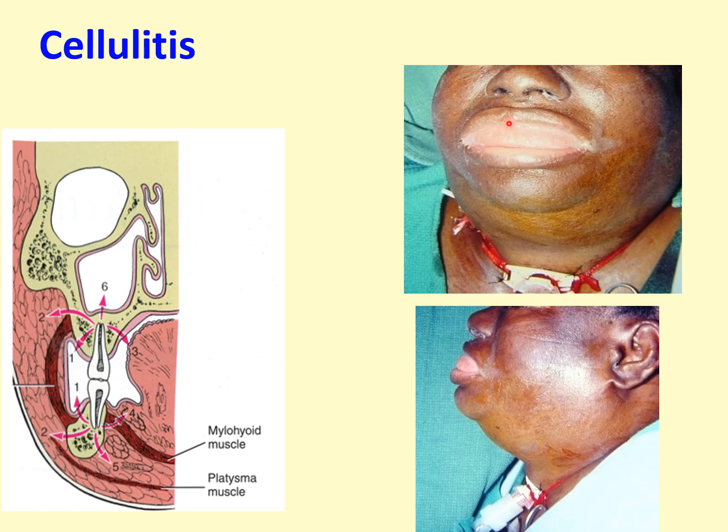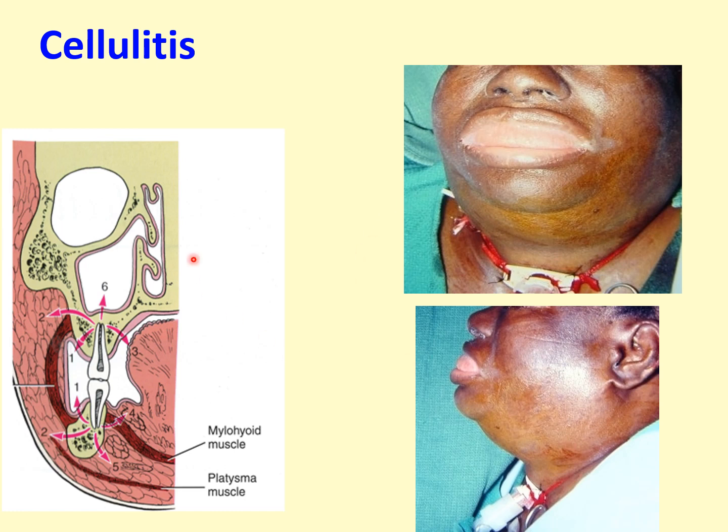As soon as you recognize that the patient has signs of cellulitis, you should immediately call the local MaxFax department in the hospital and refer the patient for management on a maxillofacial ward, where they'll be given IV fluids, IV analgesics, parenteral nutrition, and the clinicians at the hospital will determine if the airway is at risk and whether they need to take additional measures to protect the airway, such as tracheostomy.